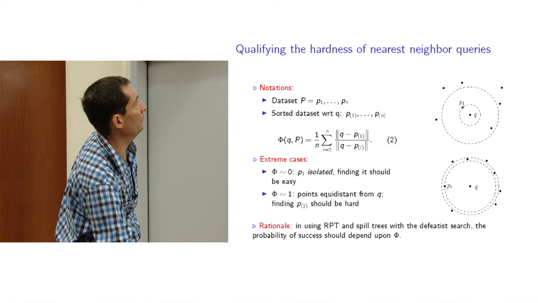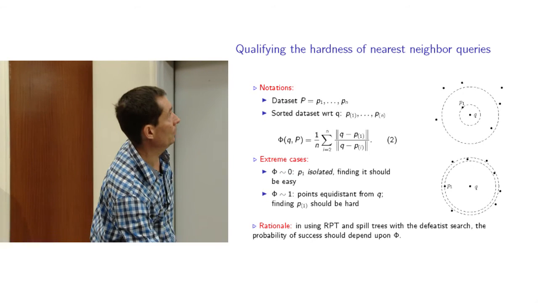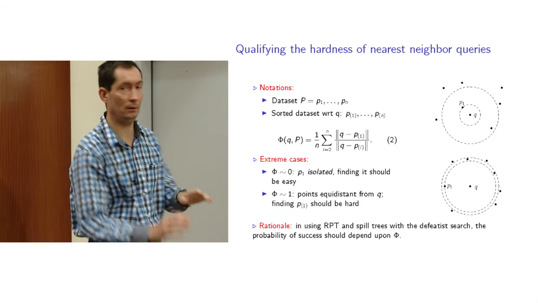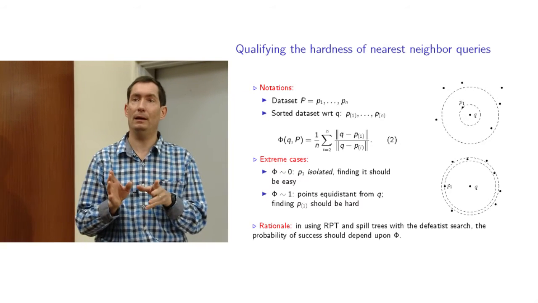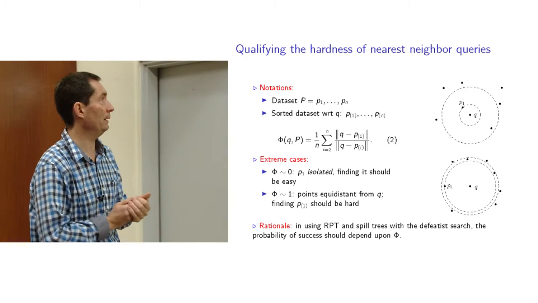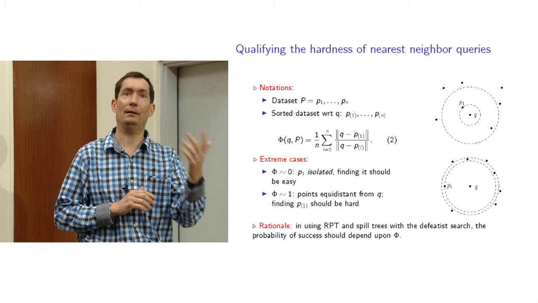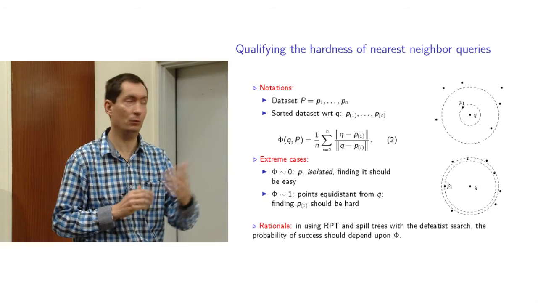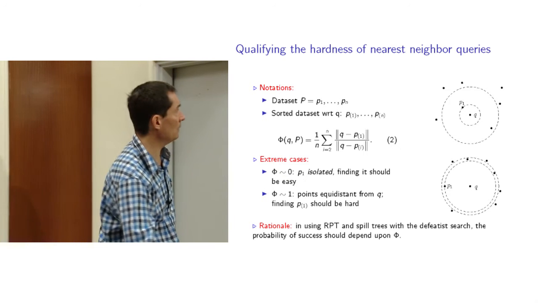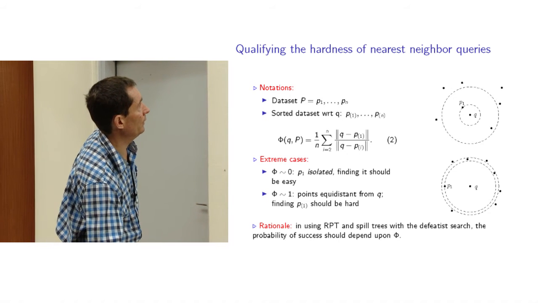If phi is equal to 0, it means that these denominators are large with respect to the numerator, meaning that P1, here I'm missing parentheses, sorry, is isolated from the rest of the crowd. In that case, because finding the exact nearest neighbor is easy, we expect the algorithm to find it, indeed. Now, if phi is almost equal to 1, what does it mean?